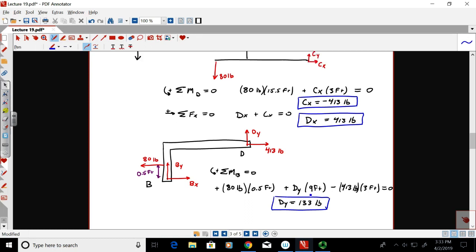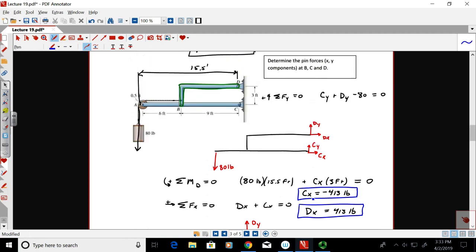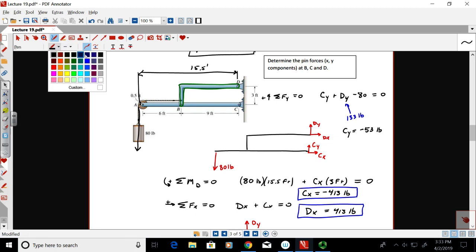I got dy is 133, and I wrote an equation right here at the top. Now I know this is 133 pounds, so I can write for cy. Turns out cy, if you solve this, is minus 53 pounds. That just means I wrote it backwards. No big deal.